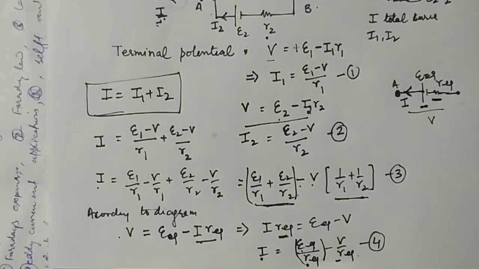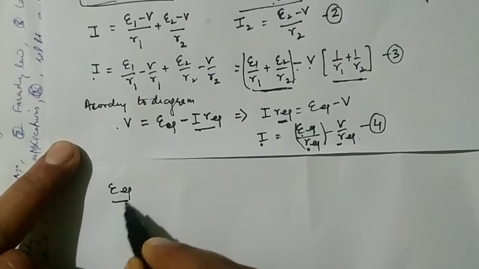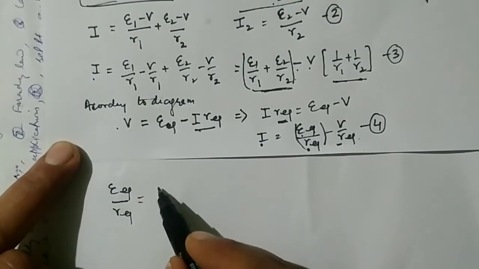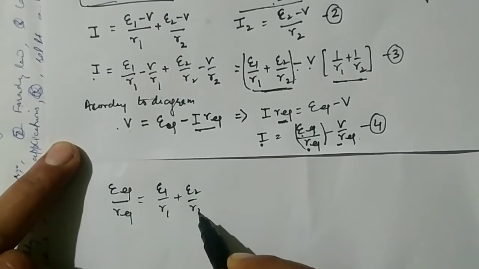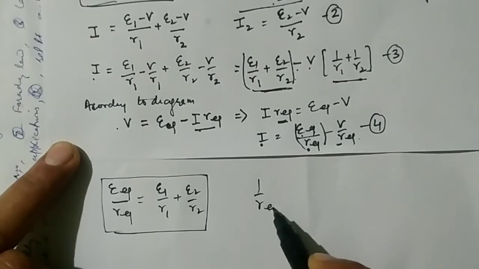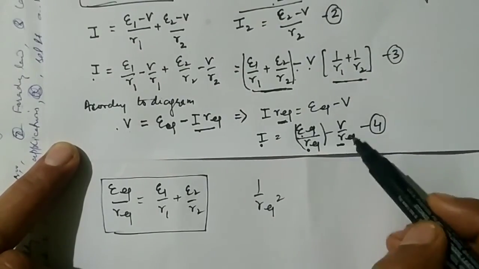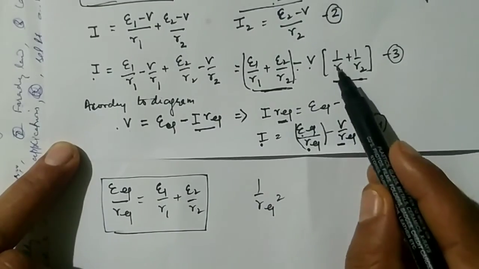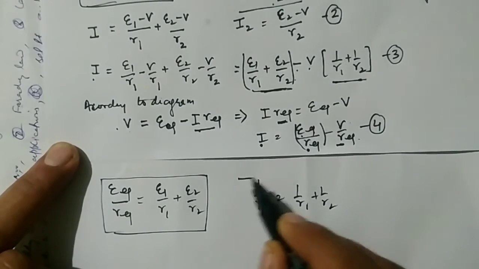If you compare these two terms, you will find that E equivalent divided by R equivalent is equal to E1 by R1 plus E2 by R2, and 1 upon R equivalent is equal to 1 upon R1 plus 1 upon R2, as V is the same.